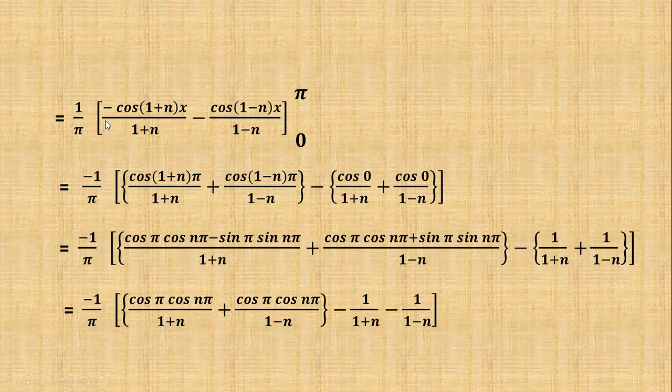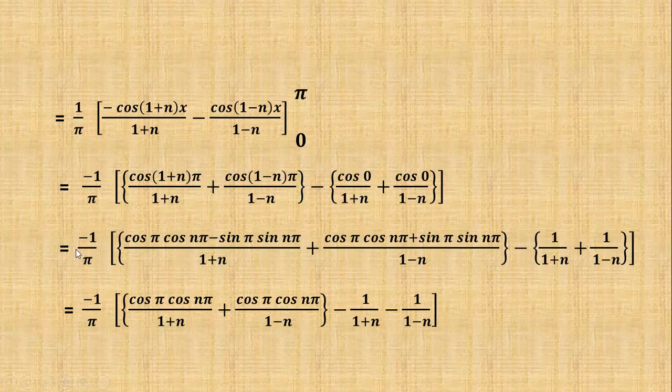That is minus 1 by pi into cos 1 plus n into pi by 1 plus n plus cos 1 minus n into pi by 1 minus n, minus lower limit, cos 0 by 1 plus n, cos 0 by 1 minus n.